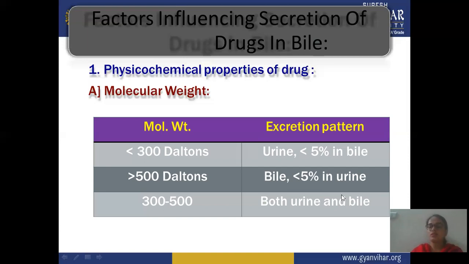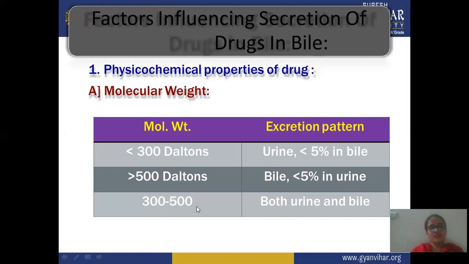If the molecular size of a drug is less than 300 Dalton, then the drug is excreted largely through the renal route or kidney, and only less than 5% through bile. And if your drug is more than 500 Dalton, then more drug is excreted by bile, and a smaller amount is excreted by urine or the renal route, approximately less than 5%.